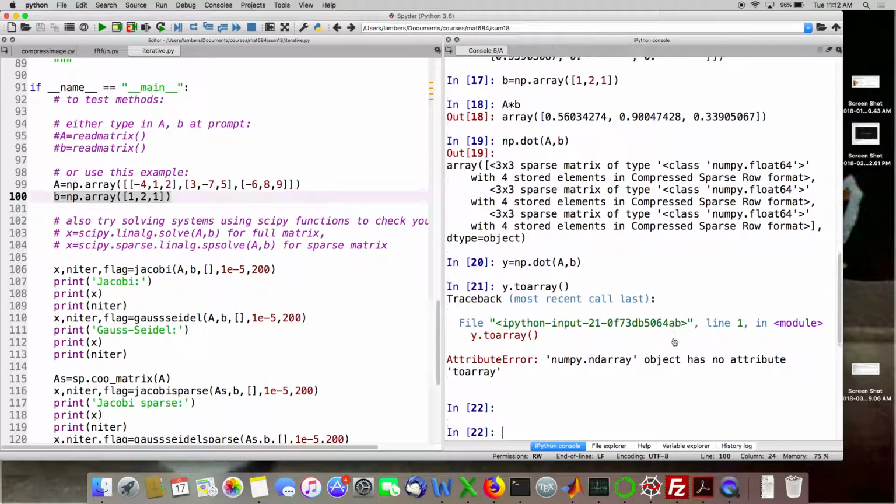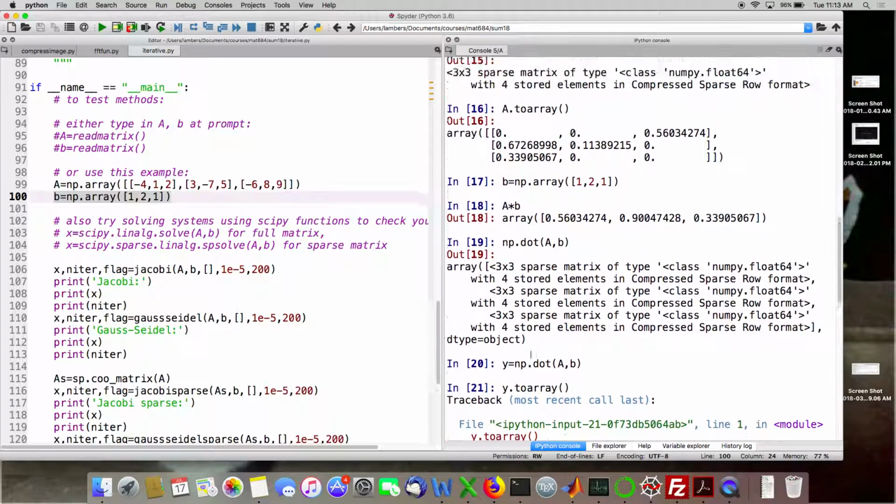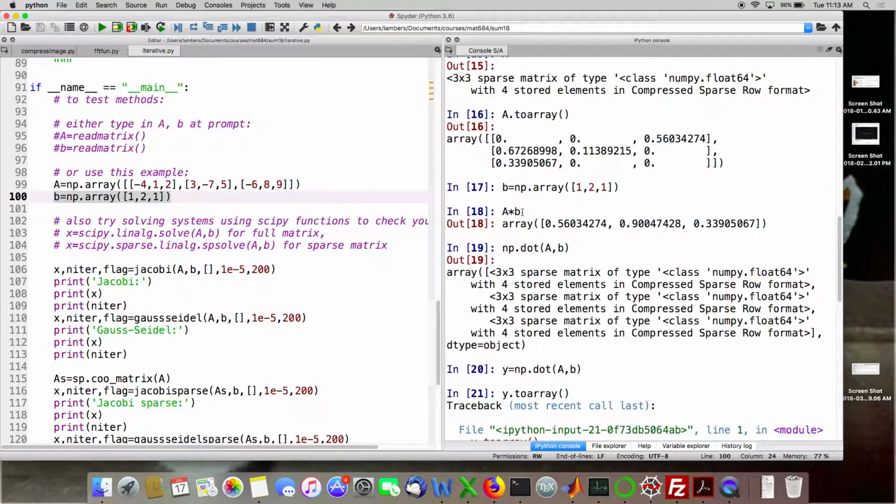All right, if I look at Y, it doesn't know what to do with that. That's strange. But A times B worked in my case.